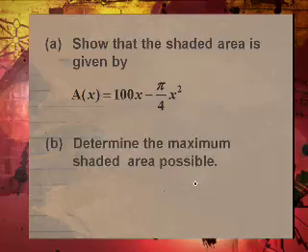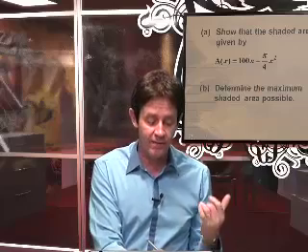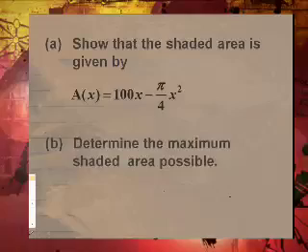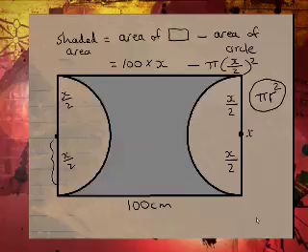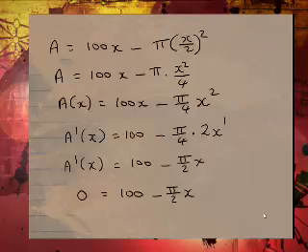Okay, and if we go back and look at what the question said, it said determine the maximum shaded area possible. And firstly, of course, we're going to need the value of x to be able to do that. So let's just go through this again. We said the shaded area is the rectangle minus the 2 semicircles. We went through the process of differentiating, and then we've got this.